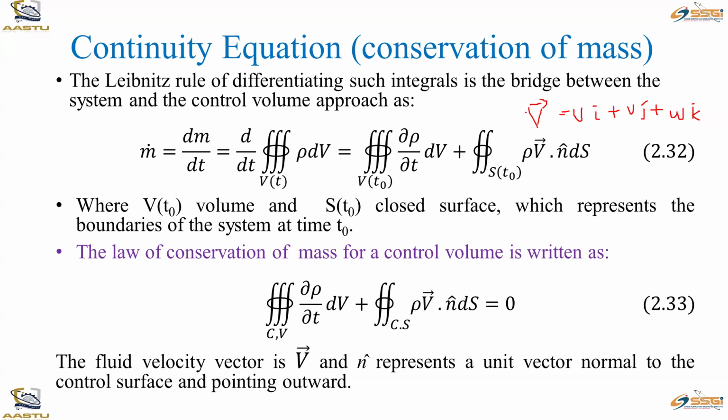So it is a vector, and n prime indicates the unit vector normal to the surface. N is a unit vector normal to the surface. Okay, so rho times v dot n ds is the equation, which is equal to 0 and gives us the momentum equation.